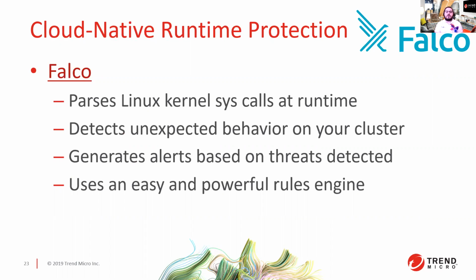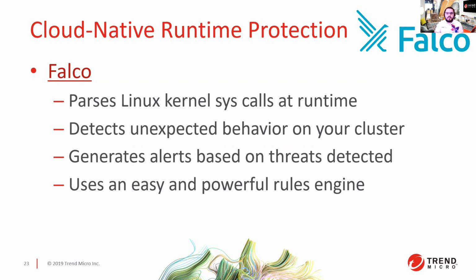There's this tool called Falco, which was developed by Sysdig in 2016 and now belongs to the Cloud Native Computing Foundation. It's basically a cloud native runtime security project, or as they call it, the de facto Kubernetes threat detection engine. It's an incubation level project. It detects unexpected application behavior and alerts on threats at runtime.